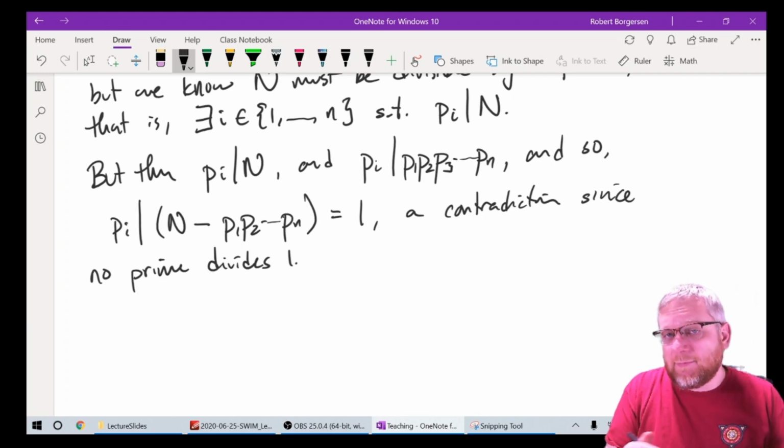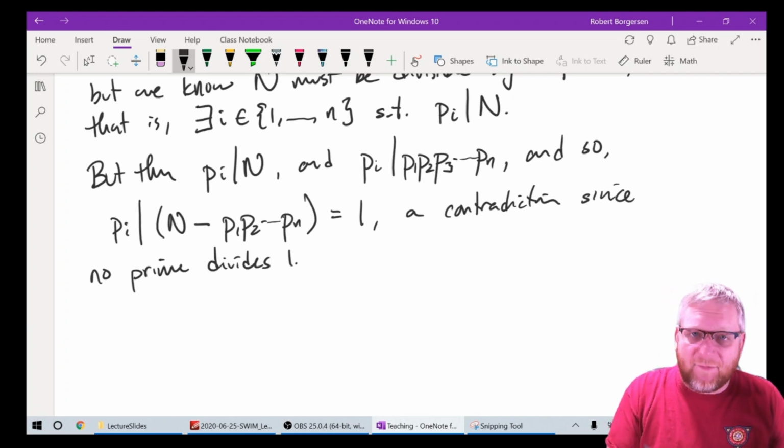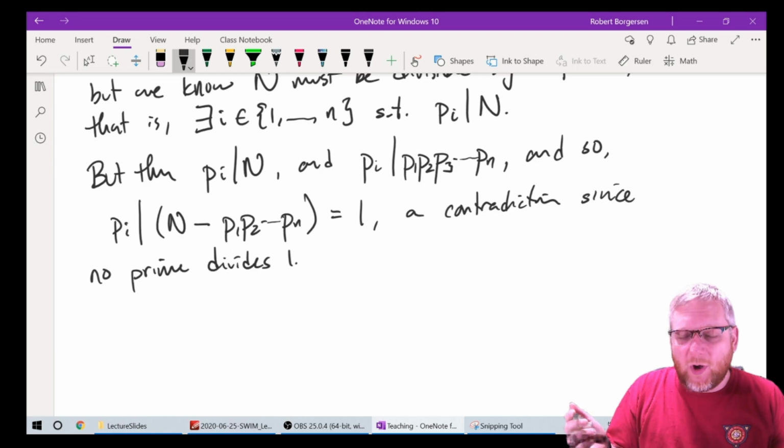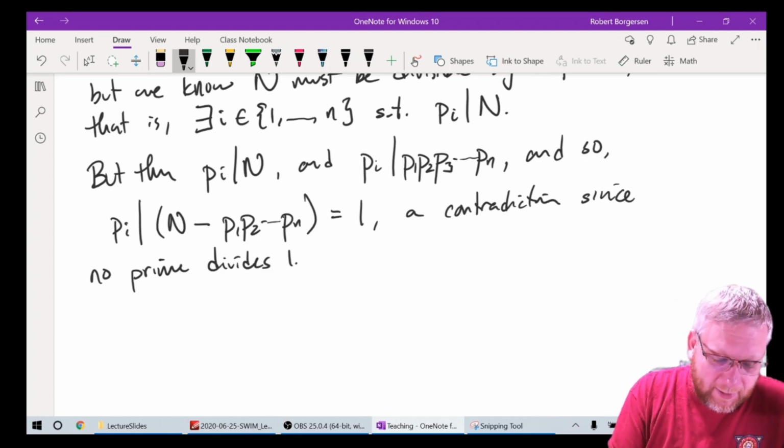Every prime is divisible by 1, but no prime divides 1. Because what that would mean is that you would need a prime times some divisor d equals 1, where that d is an integer. Prime times divisor equals 1. Not going to happen. Okay, so that's my contradiction.